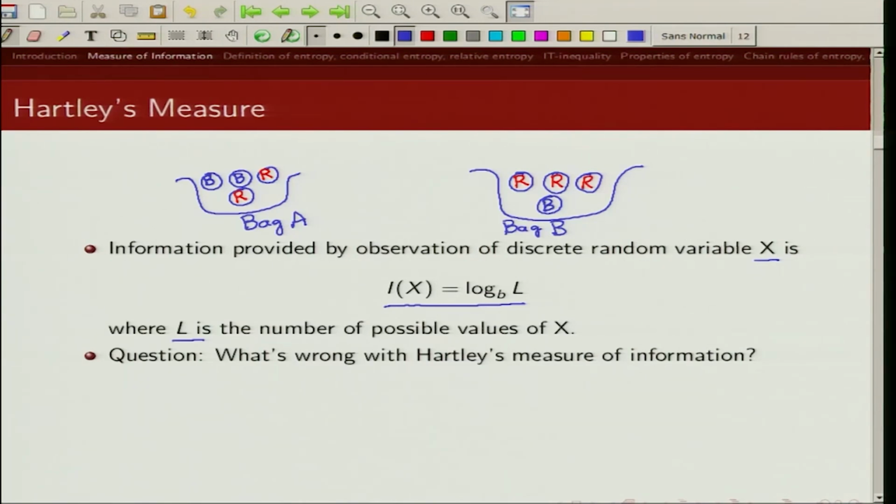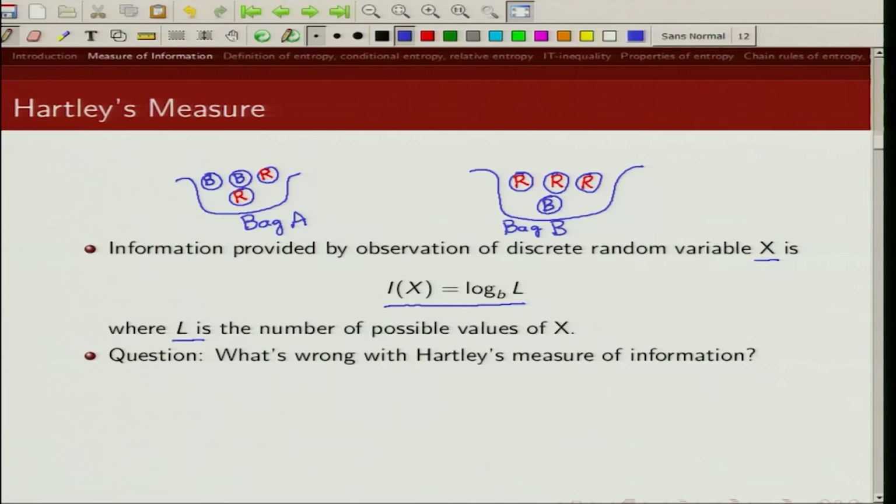Look at this. In bag A there is a 50% possibility of getting a blue ball and 50% possibility of getting a red ball, whereas in bag B there is 75% possibility of getting a red ball and 25% possibility of getting a blue ball. So in bag B, if I pick up a ball, it is more likely to be a red ball than a blue ball.